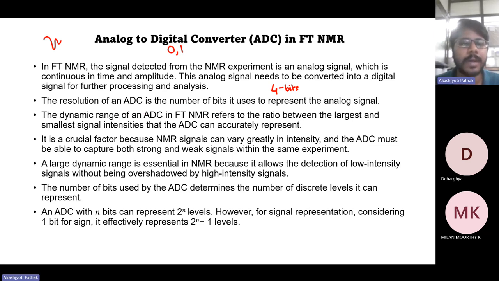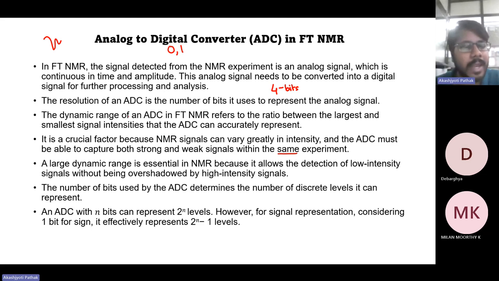That is given by the dynamic range of the ADC. It is a crucial factor because NMR signals can vary greatly in intensity, and the ADC must be able to capture both strong and weak signals within the same experiment.